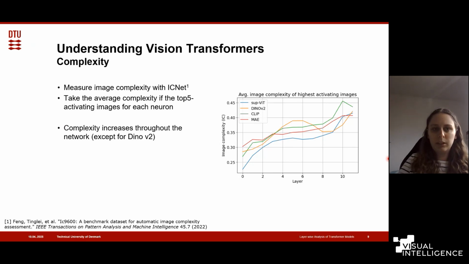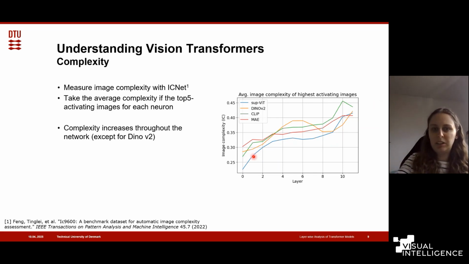So we measured the image complexity with ICNet, which is a network trained to predict image complexity based on human complexity measurements. And then we take the average complexity of the top 5 activating images for each neuron and average this for each layer. And we actually find that the complexity does increase throughout the network, as we also intuitively felt from looking at the images.